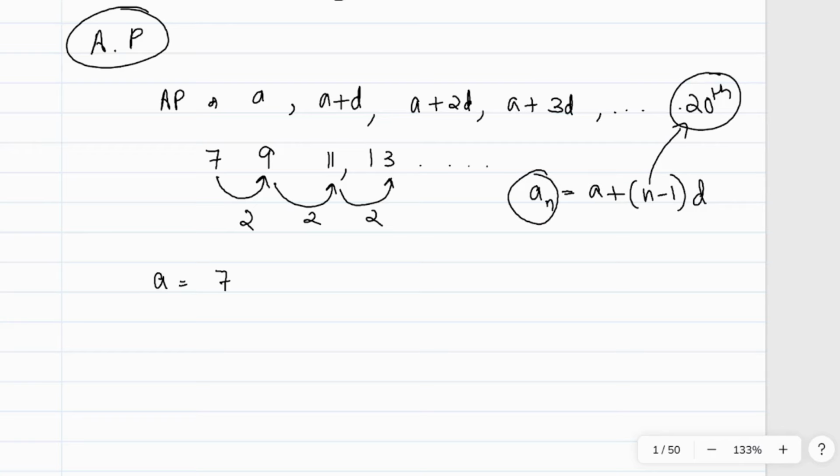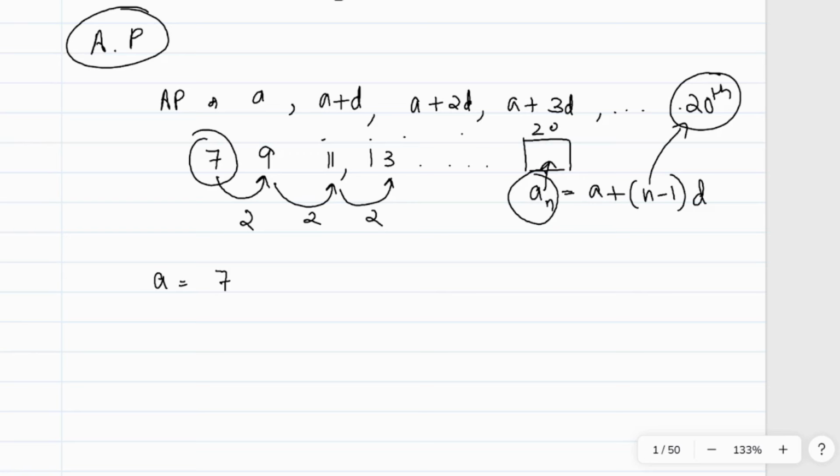So we need to find which number is standing at the 20th place. If we are counting from here, after 20 places, which number will be on the 20th place? That is our An.